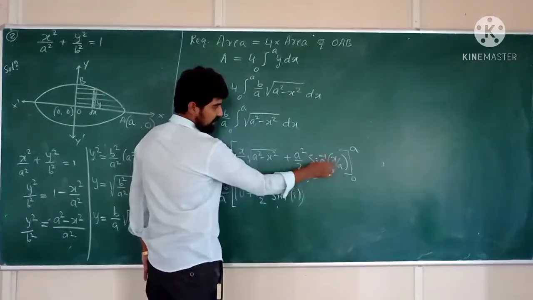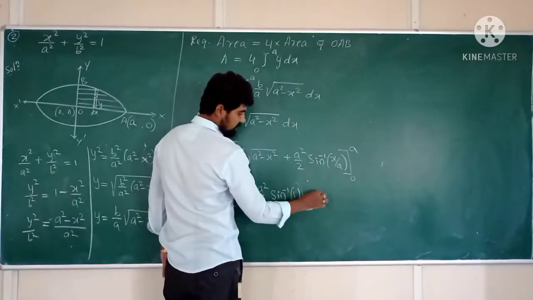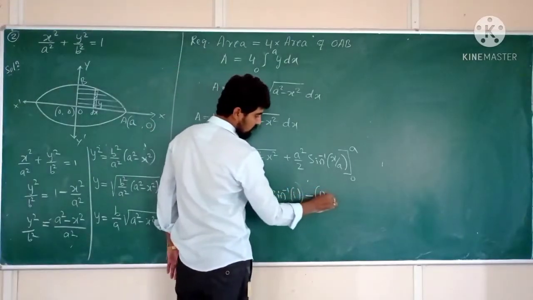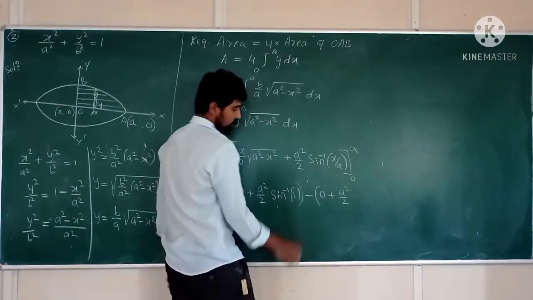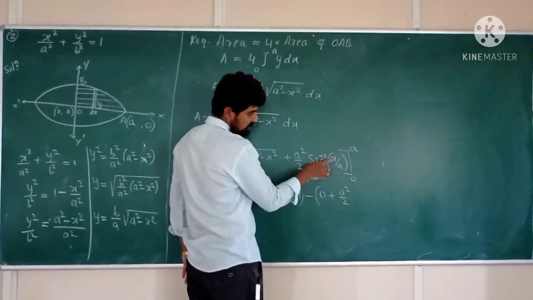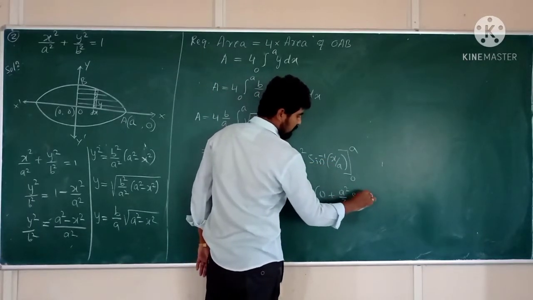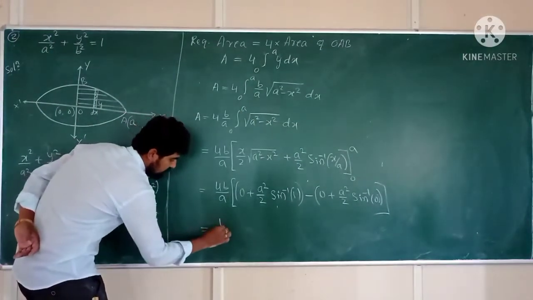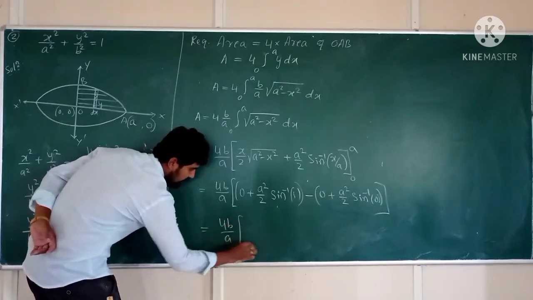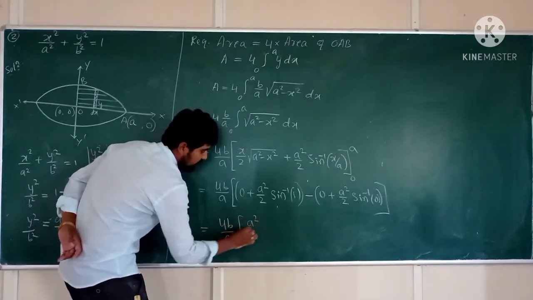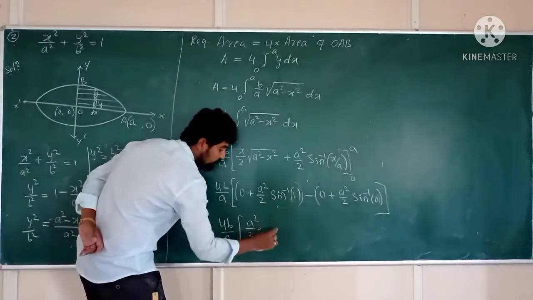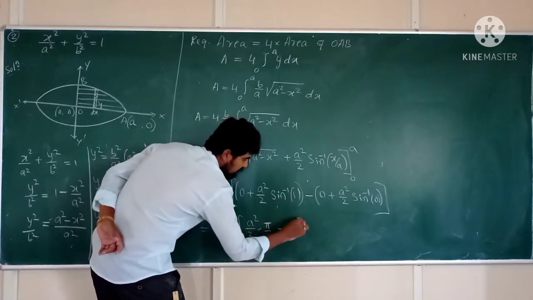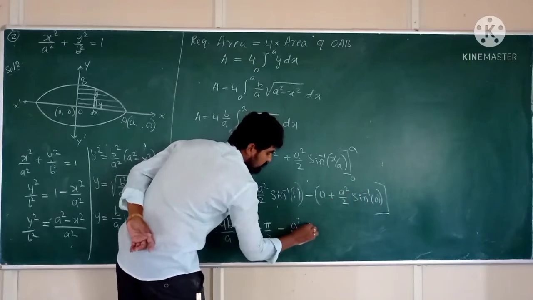I hope all of you understand it. a by a gets cancelled. Minus the lower limit 0: 0 by 2 is 0, 0 into anything is 0, plus a squared by 2 into sin inverse of 0 divided by a, what is it? Sin inverse 0. So which is equal to 4b divided by a into a squared by 2 into the value of sin inverse 1, which is pi by 2, minus a squared by 2 into the value of sin inverse 0, which is 0.